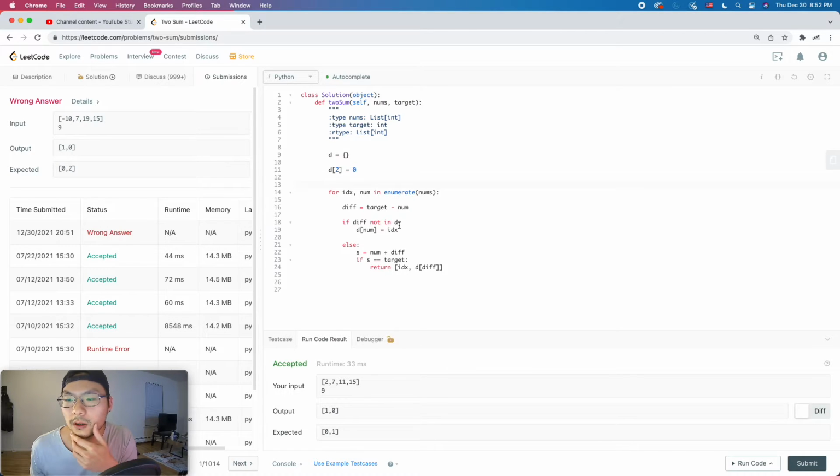So negative 1 is not in the dictionary. So we are going to, for index, num in enumerate nums, for target minus num equals negative 1.